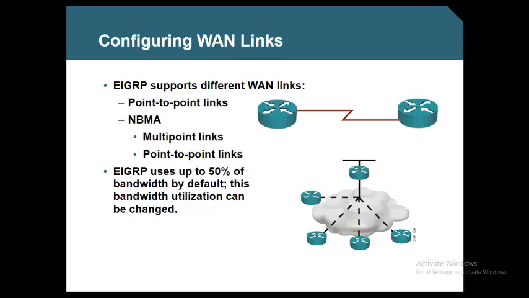We call this in frame relay non-broadcast multi-access. Why? In the internet cloud, broadcast is not supported. That is why it is called non-broadcast, and you see multiple points, multi-access.